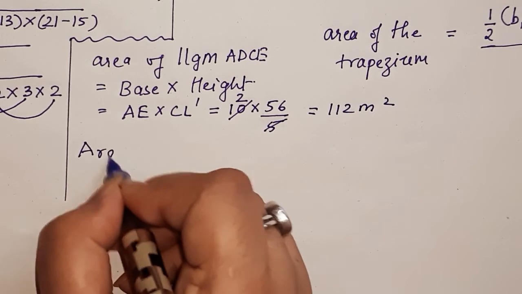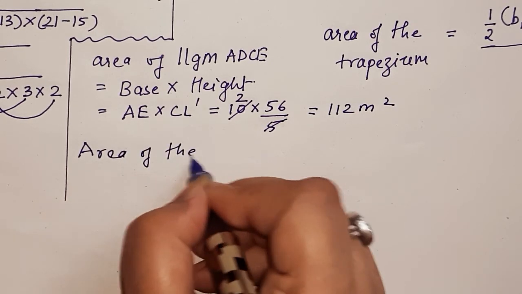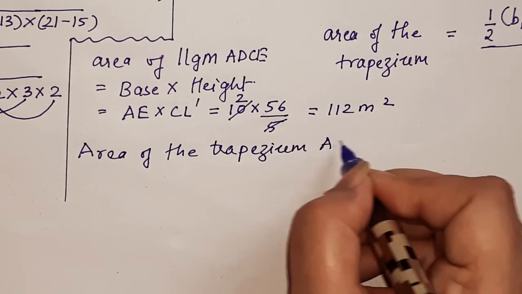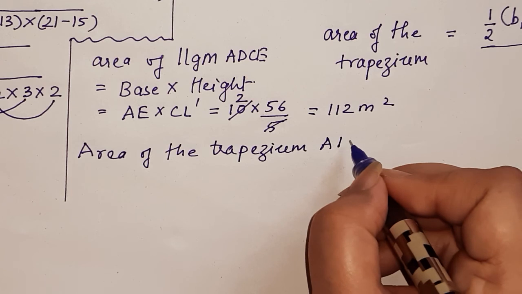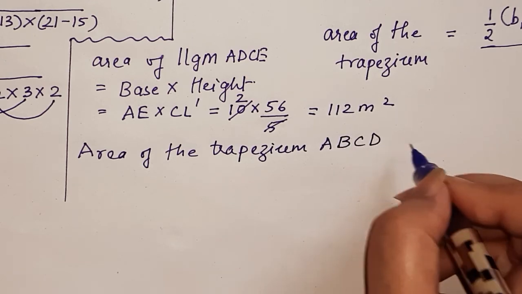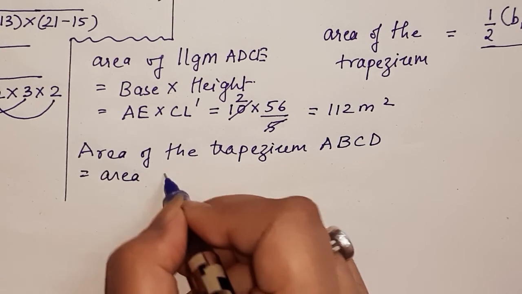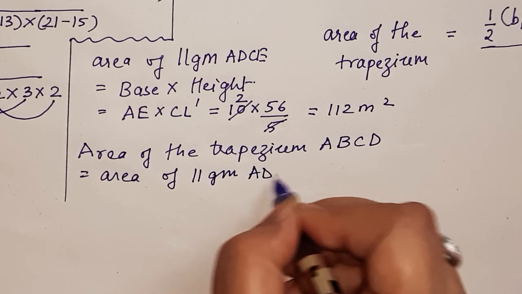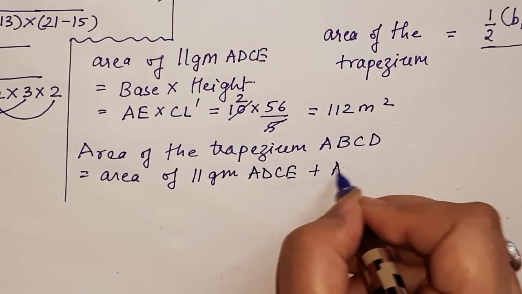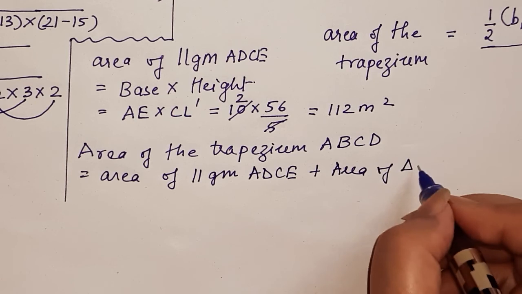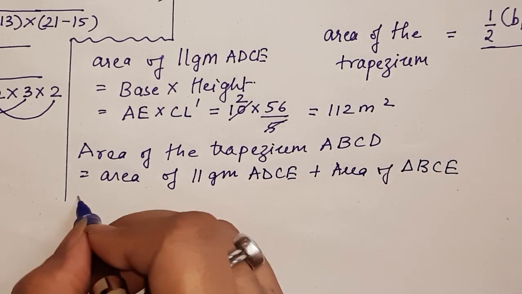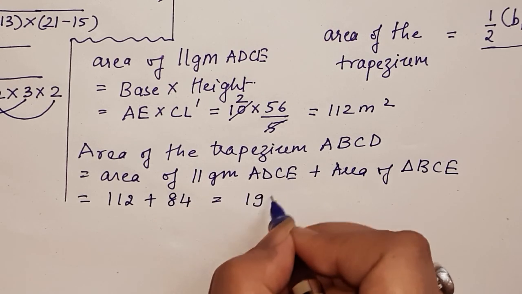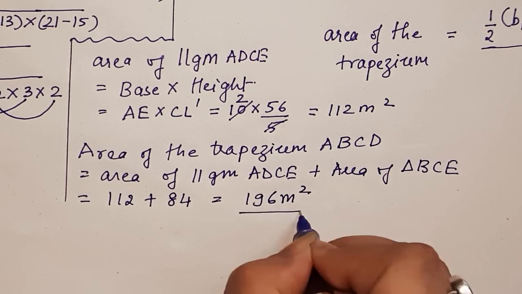So the area of the trapezium ABCD is equal to the area of parallelogram ADCE plus the area of triangle BCE, which gives us 112 plus 84, which is equal to 196 meters square.